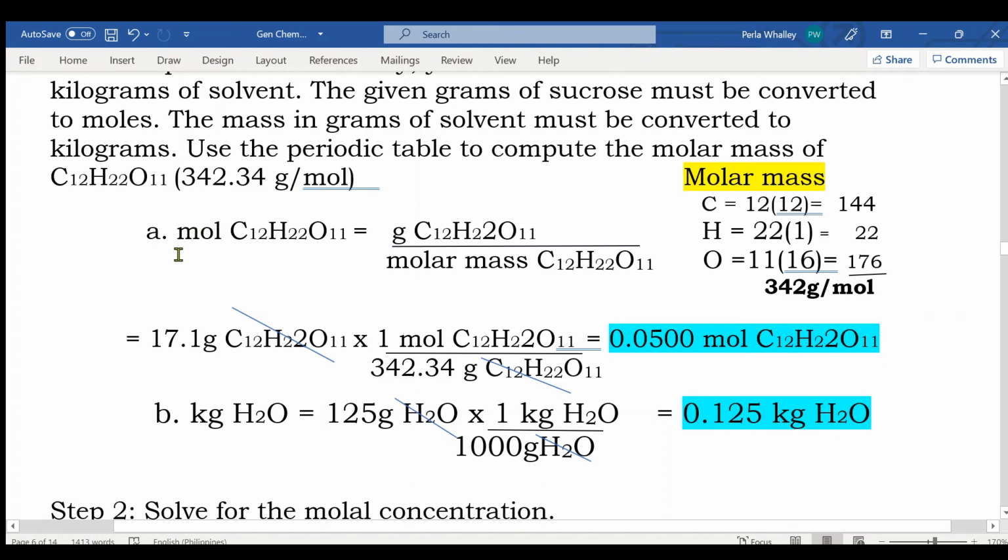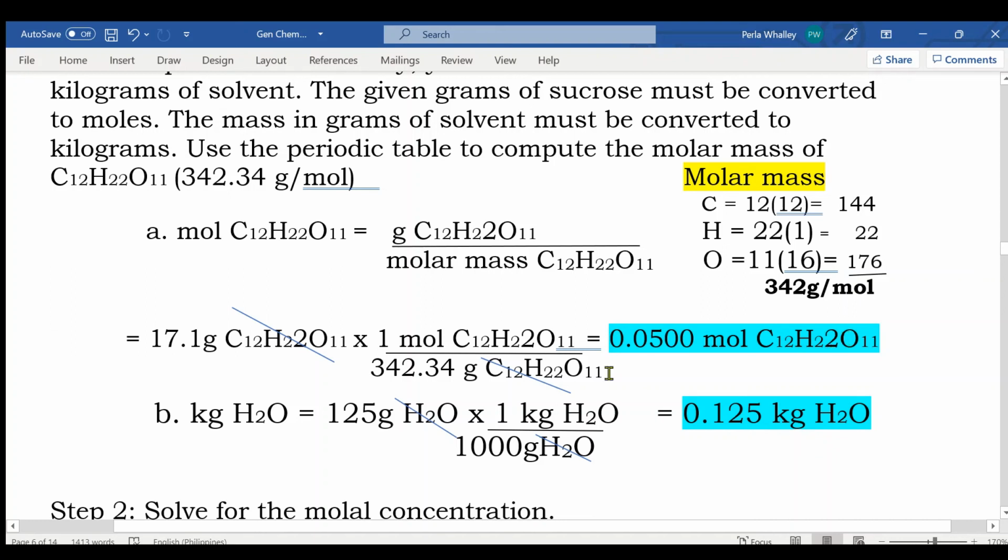so solve for the mole of sucrose, which is equal to the mass of the sucrose over the molar mass. So 17.1 gram of sucrose times 1 mole of sucrose over 342.34 grams of sucrose is equal to 0.0500 moles of sucrose.